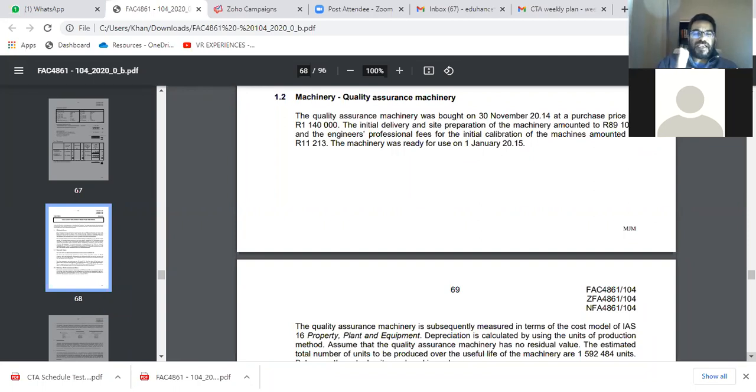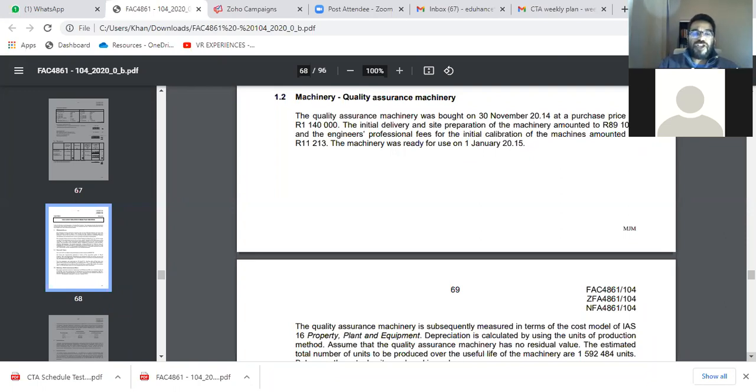The second question at initial recognition is at how much, your initial measurement. The rule is that initial measurement includes all costs incurred to bring an item of PPE to a place and condition ready to be used. Well, in order to have the machine, you need to pay the purchase price.